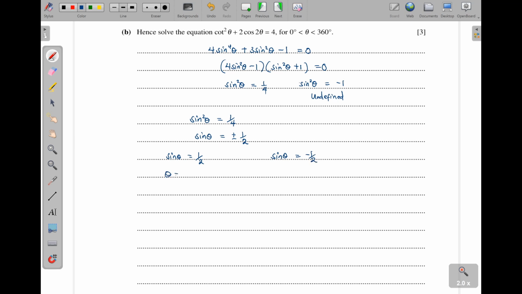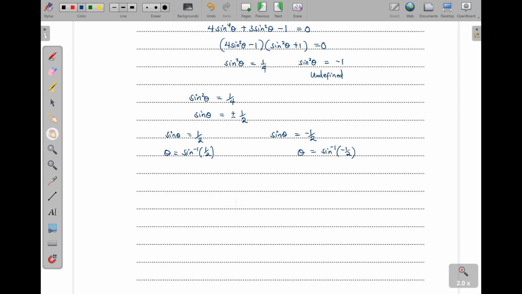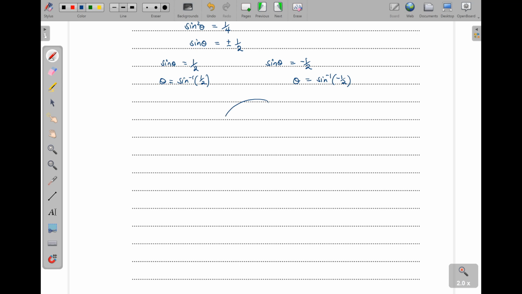So how do we get theta from here? We get the arc sine of a half, you see? And also here we get the arc sine of -a half. Now, sine is positive in 2 quadrants and also negative in 2 quadrants. So if I draw my circle here, everything is positive in the first quadrant, only sine is positive here, only tan is positive here, only cosine is positive here.